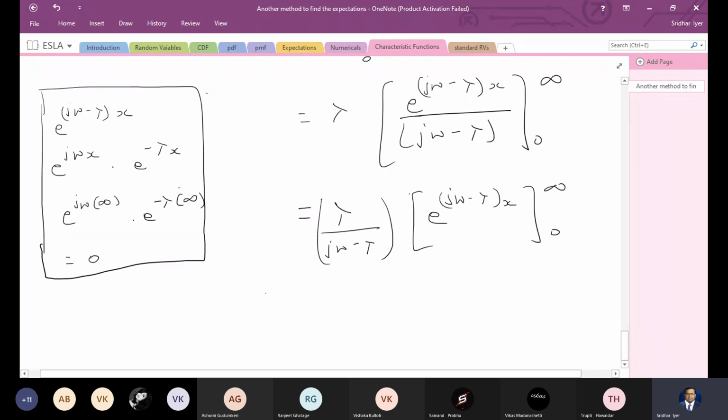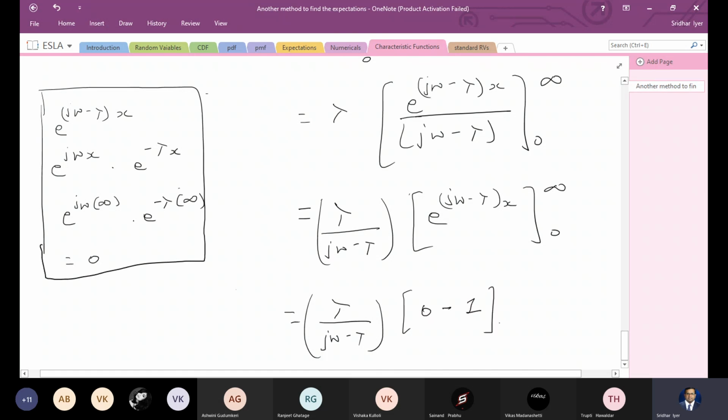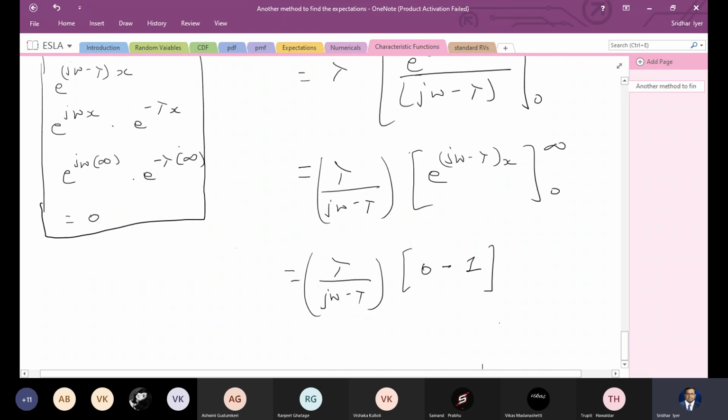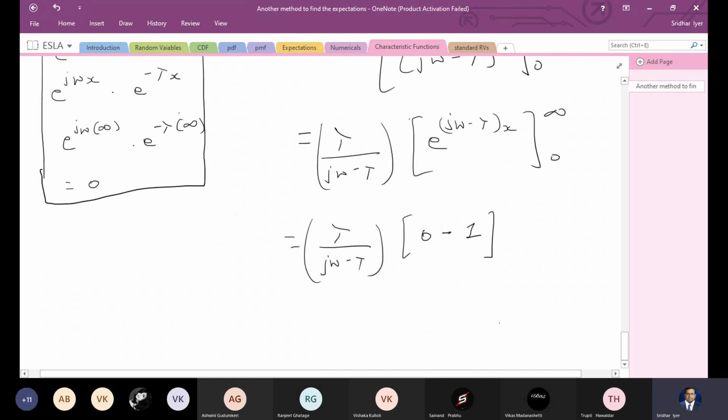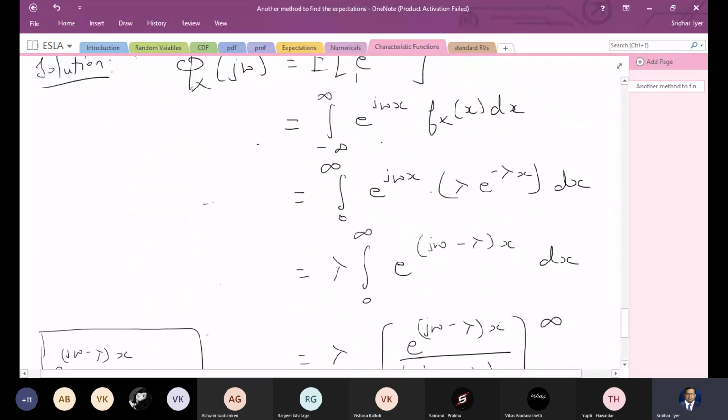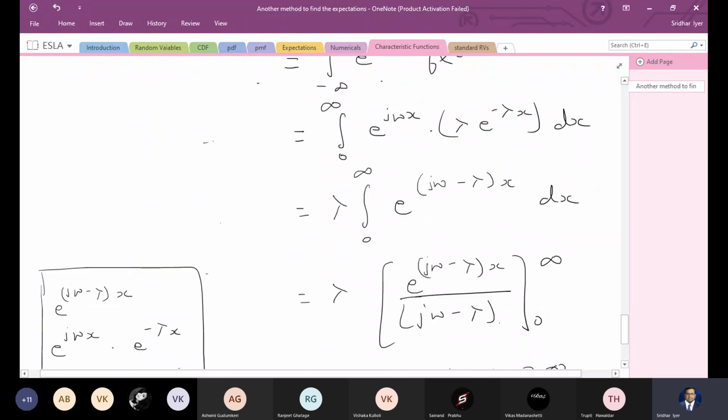Right? Therefore, this equation here becomes lambda by j omega minus lambda. When I put infinity, as we have done on the left hand side, the answer is 0. And then you have e raised to j omega minus lambda into 0 as the second limit. E raised to 0 is 1, therefore you'll have a minus 1. So if you scroll back on the left hand side, we were calculating the characteristic function.